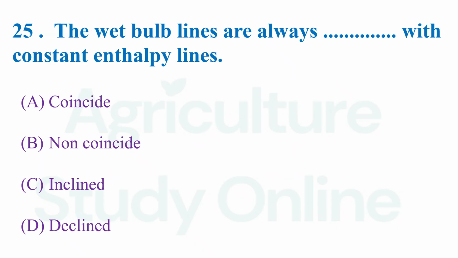Question number 25. The wet bulb lines are always dash with constant enthalpy lines. In a psychrometric chart, the wet bulb lines and the constant enthalpy lines are almost overlapping, that is, coinciding.